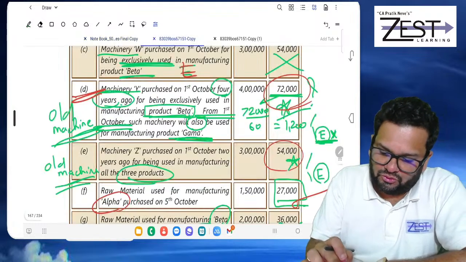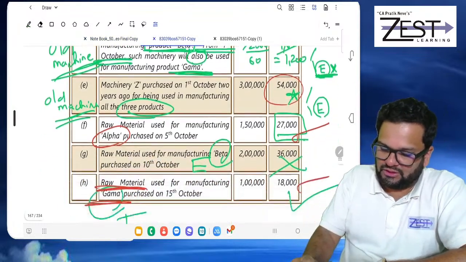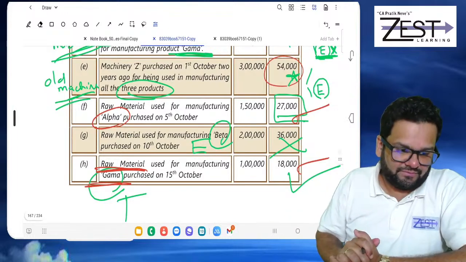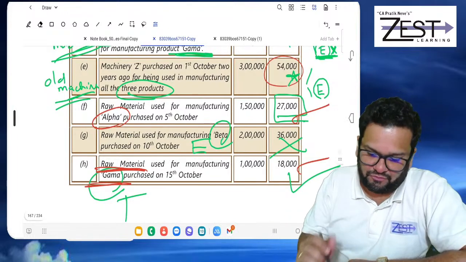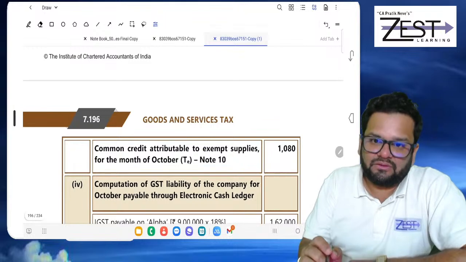Now 72,000 and 54,000 is of existing machines. Yes, perfect. It is of existing machine.